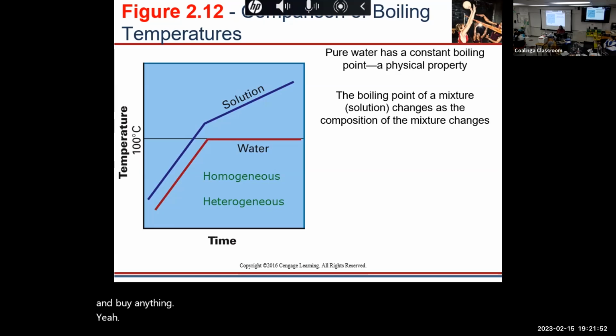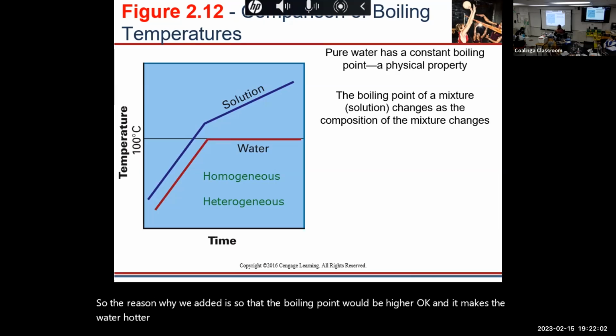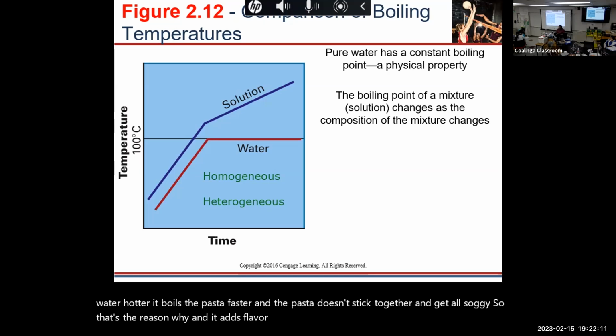So the reason we add it is so that the boiling point is higher. It makes the water hotter, it boils the pasta faster, and the pasta doesn't stick together and get all soggy. And it adds flavor, because salt makes everything taste better. That's why I have high blood pressure, right? Anyway.